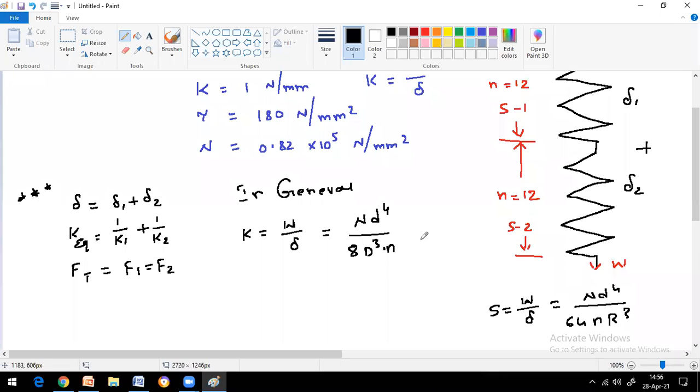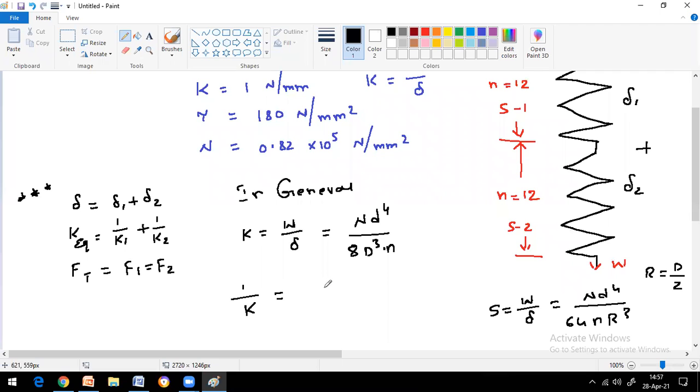The same I wrote in d form, because r is equal to diameter by 2. That is how this formula was written in this form. Don't think I wrote a new formula. Now try to write this as inverse law of K.